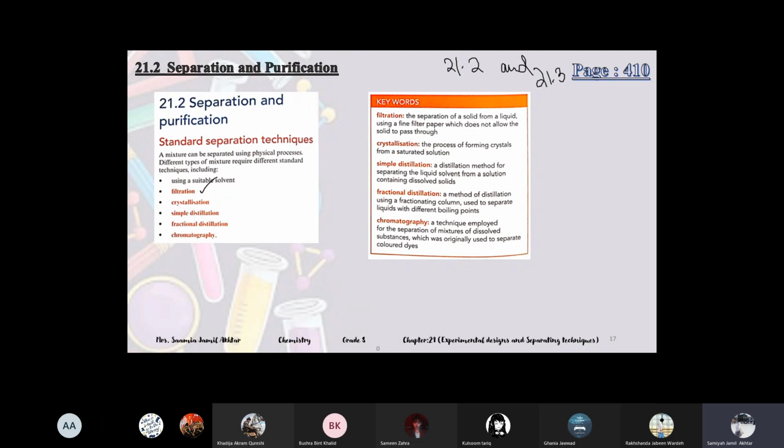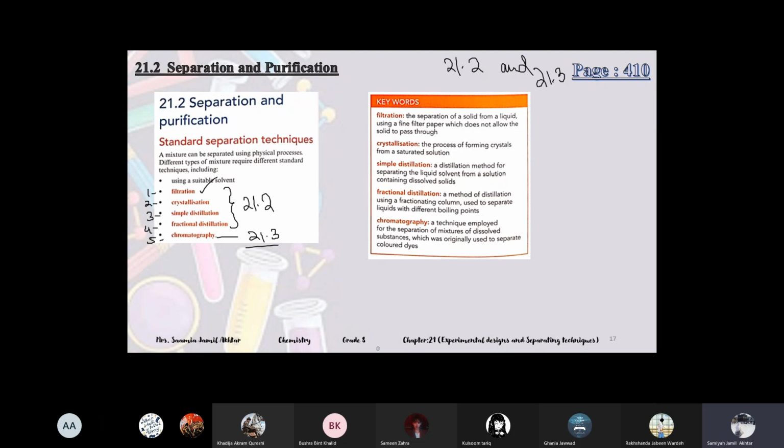First is filtration. There are 5 techniques mentioned in the book. Number 1, filtration. Number 2, crystallization. 3, simple distillation, 4, fractional distillation, and 5, chromatography. The first 4 are in topic 21.2, and chromatography is 21.3.